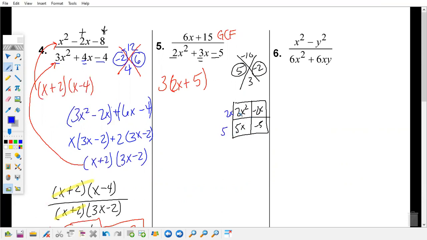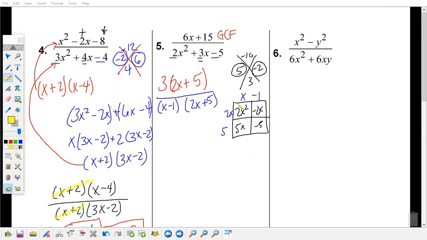GCF here is 5. GCF here is x. GCF here is negative 1. So my denominator is written as x minus 1 times 2x plus 5. I've rewritten them.